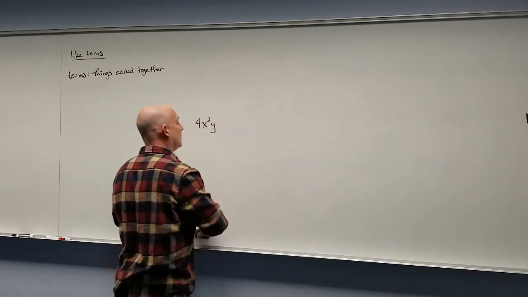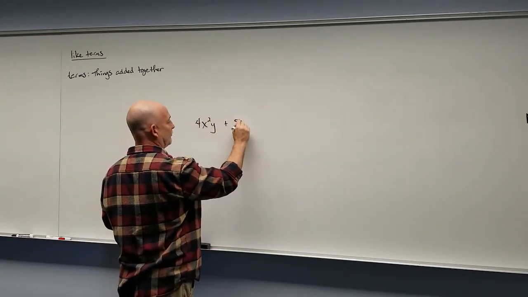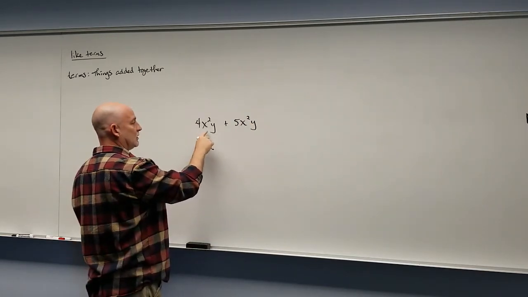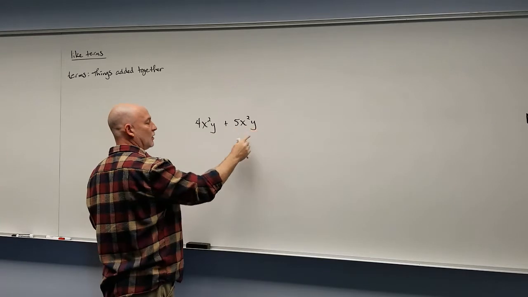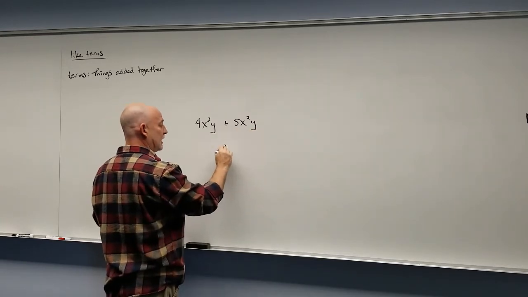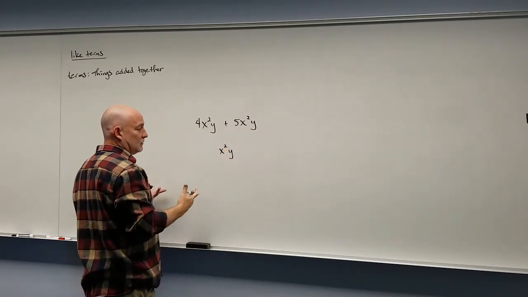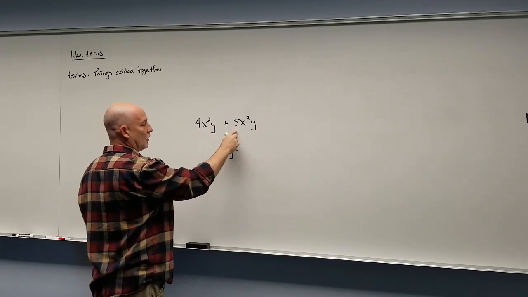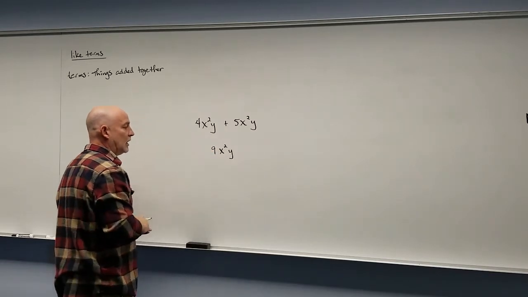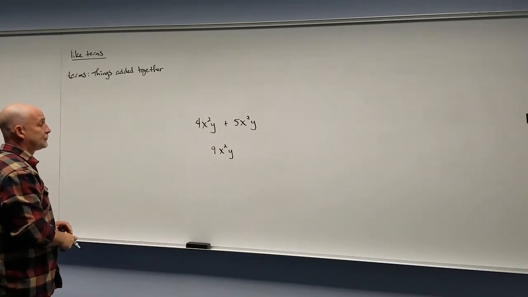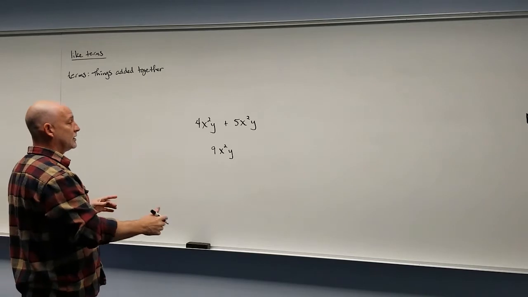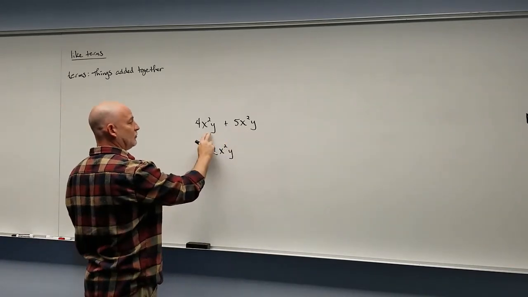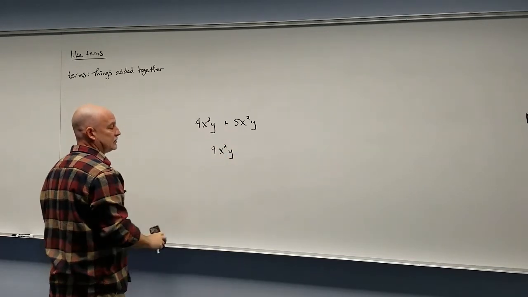So if I had 4x squared y plus 5x squared y's, well, let's see. Here I have 4 things, they're x squared y. Here I have 5 things, they're x squared y. They're the same things. So when I add them together, that's what I got to end up with. How many do I have? Well, over here I had 4, over there I had 5, so I have a total of 9 x squared y. So terms are things that are added together. So up here we had 2 terms. These happen to be like terms because they were the same things.